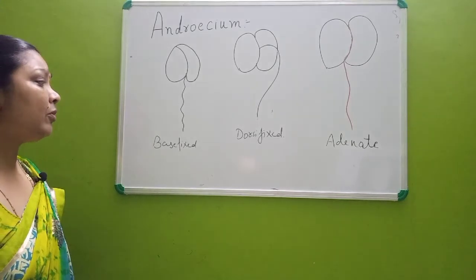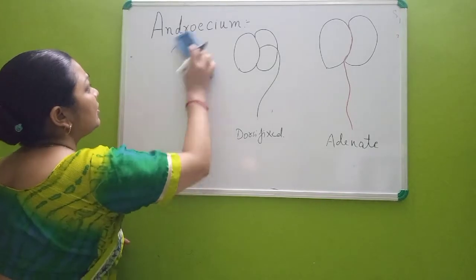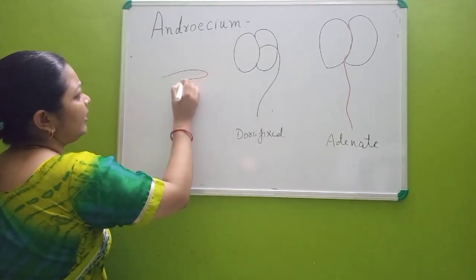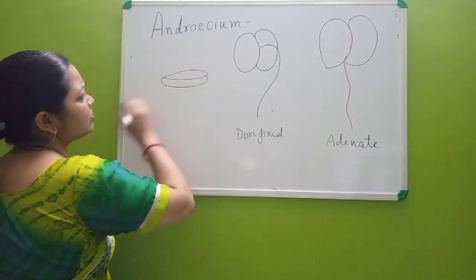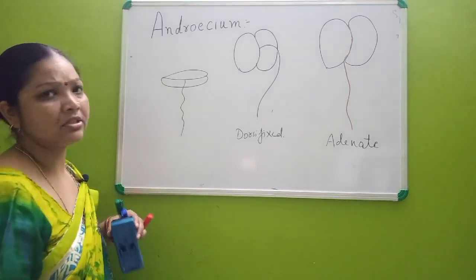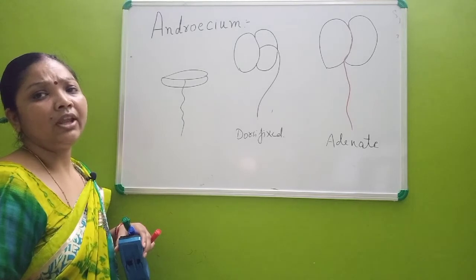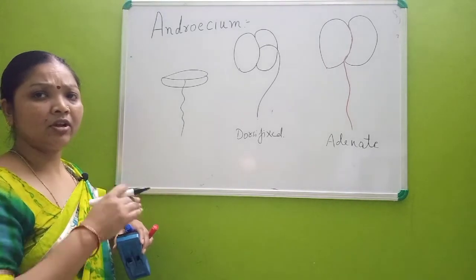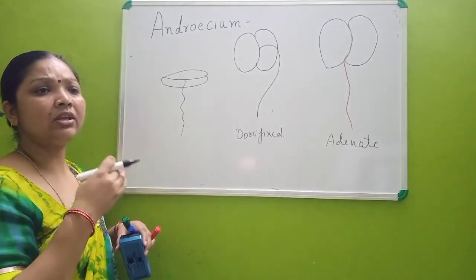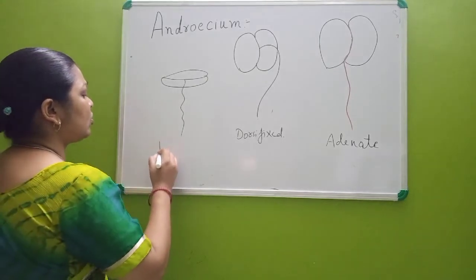Now one more type of anther is present which is similar to dorsifixed, but the difference is that the anther becomes flat, it is a bilobed structure, and the filament is attached to this. This type of anther is generally found in wind-pollinated flowers because here the anther is free to move when the wind blows.